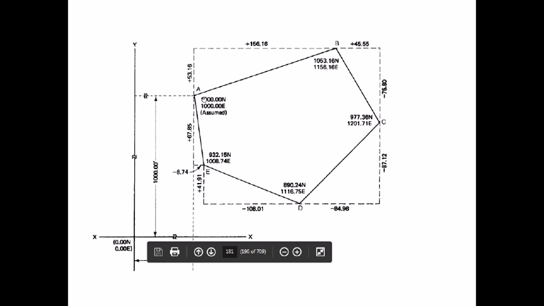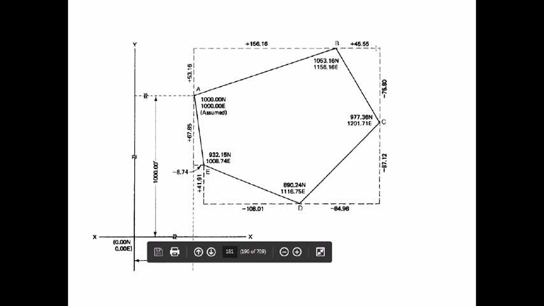So this is working with independent coordinates, where you use the reference at some distance and you give one of the points reference coordinates, whatever the distance is from the origin, and using that you keep on adding the latitudes and departures. Now let's say we are at point B, and we calculate the latitudes and departures for the line BC.